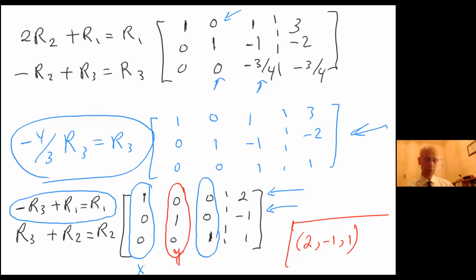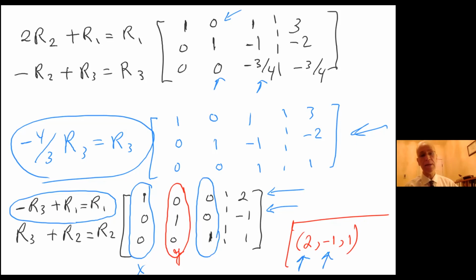On the first row, I have 1X, no Y, no Z equals 2. So X must equal 2. On the second row, I have no X, 1Y, no Z equals -1. So the value of Y is -1.